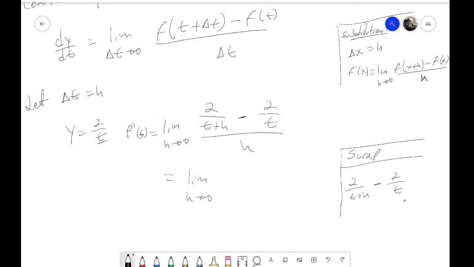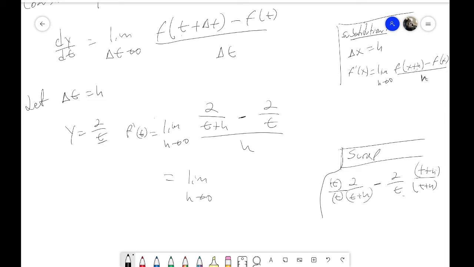Well, how can you make this denominator be equal? You could multiply one another to find the common denominator, which means that this side is missing a t plus h. So you can multiply both sides, the top and the bottom, by t plus h. And on the left side, you can multiply by t, because that's what's missing to make the denominators equal.